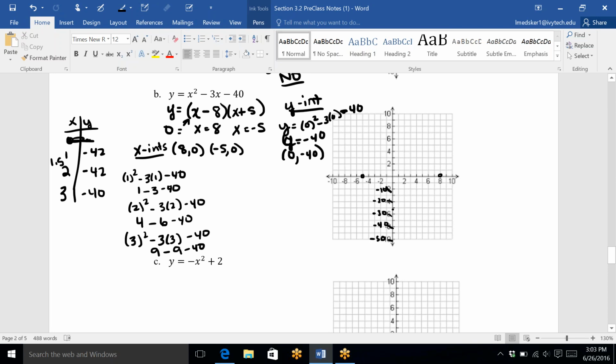Okay, so 0 was -40. 1 would be -42. 2 would also be -42. So remember I said there's something below here a little bit. And 3 would be -40. So notice this is a very wide parabola. I'm drawing this the best that I can on this thing.